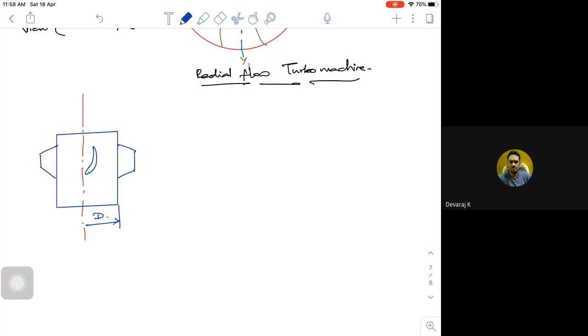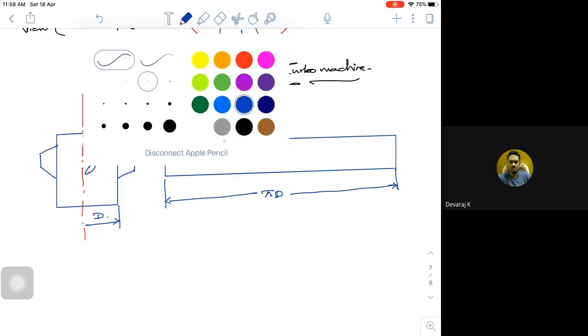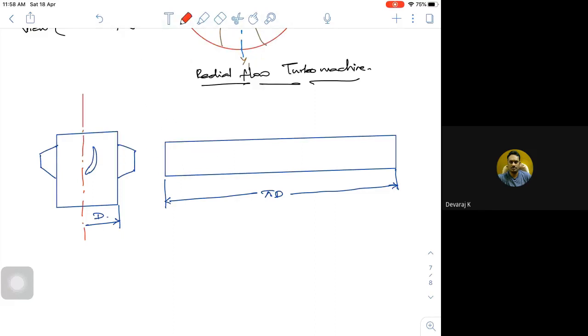The blades are opened. I'm looking at the circumference. Then what will be the corresponding length? This will be pi times d. And what we do is try to put the corresponding blades here.